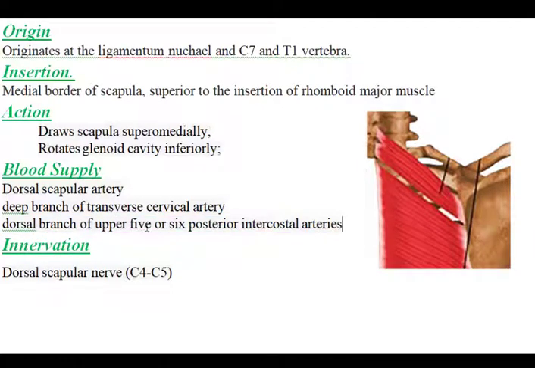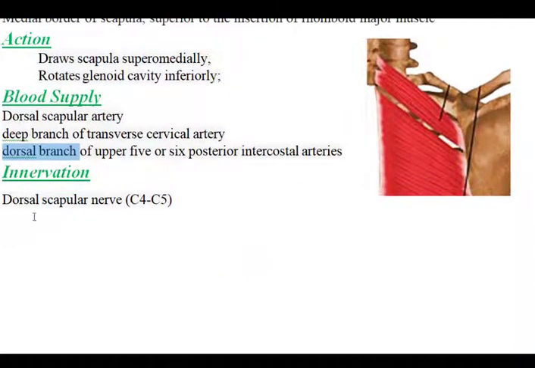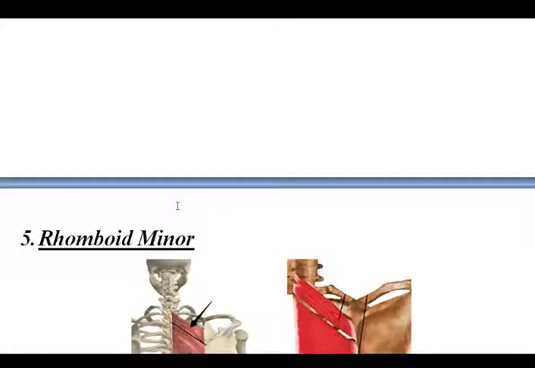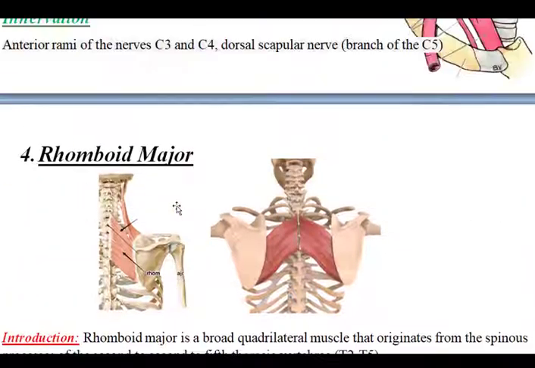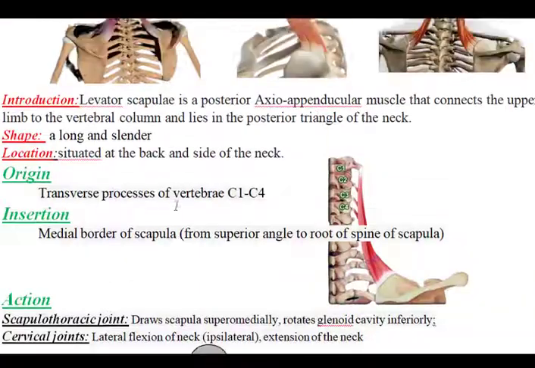So from the upper 5 or 6 posterior intercostal arteries there is a branch called the dorsal branch, and that supplies this muscle. And what is the innervation? It is innervated by the dorsal scapular nerve, which again comes from C4 and C5. So these two are the next muscles present in the back region.